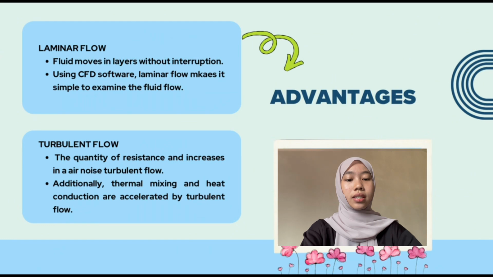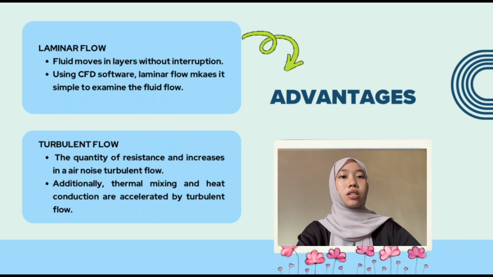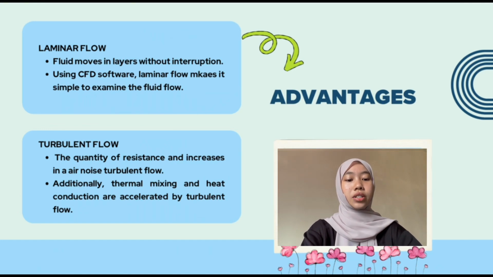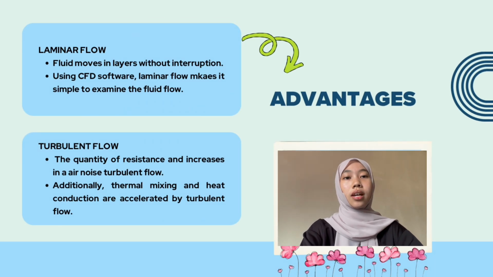It increases resistance and noise, but it also helps in better mixing and faster heat transfer. This is useful in processes like combustion in engines or mixing in industrial systems. So, in short, laminar flow is stable and smooth, while turbulent flow is energetic and good for mixing.